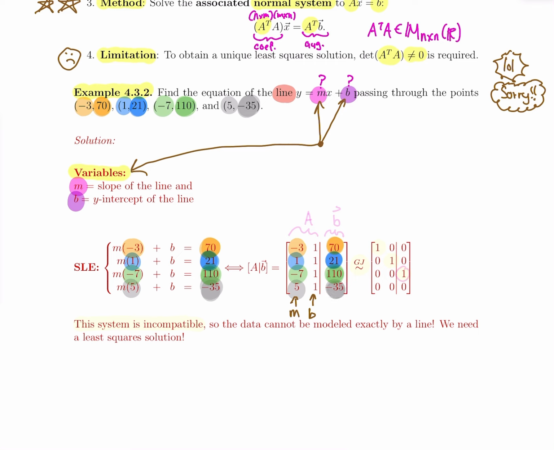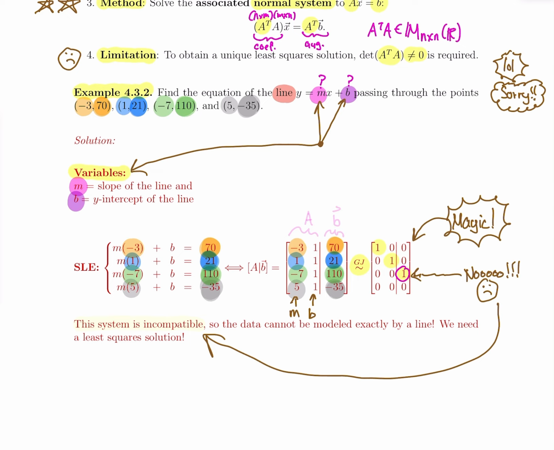If you apply Gauss-Jordan, you can verify that the augmented matrix of that system will have a pivot in the augmented part. Because there's a pivot in the augmented part, there's no solution. These 4 points are not perfectly aligned. But we want to find the best possible solution.